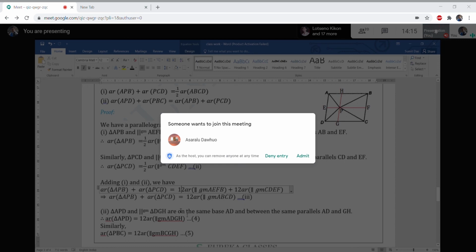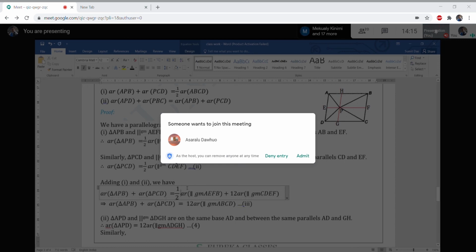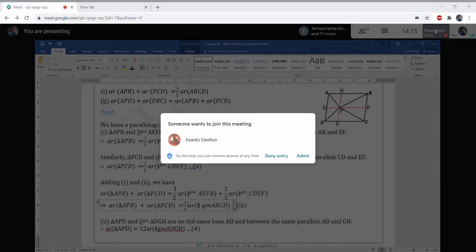And on the right you will get half of area of parallelogram AEFB and half of area of parallelogram CDEF. If we take half common, we will get this.